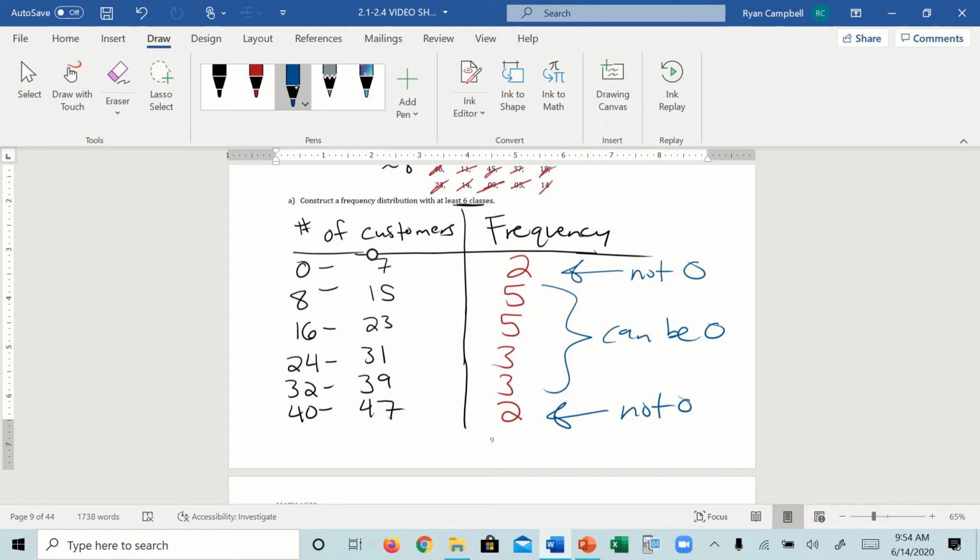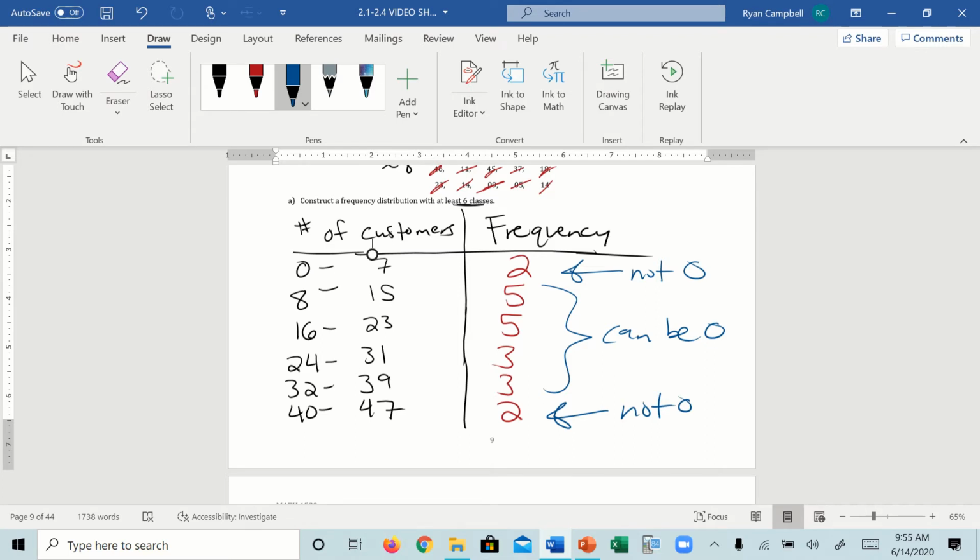But as long as the first class is not 0 and the last class is not 0, any other number inside can be 0. That's completely okay. So if you end up doing 5s, for instance, and you end up with a 0 inside here, don't think you did it incorrectly. You absolutely could have done it correctly, right? Just the first number and the last number can't be 0.